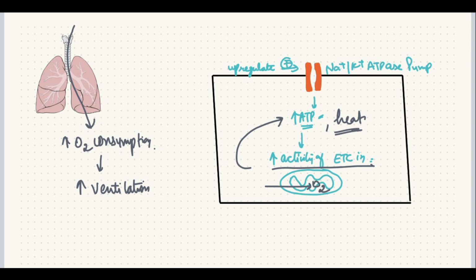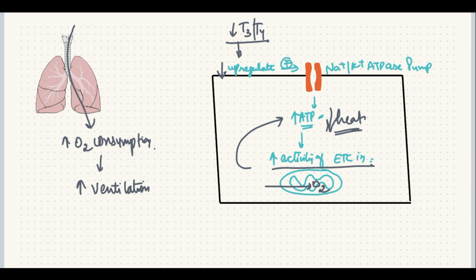That's why patients of hyperthyroidism are heat intolerant, and why people with hypothyroidism are cold intolerant. Because in hypothyroidism there is decreased T3 and T4 hormone. So decreased thyroid hormone decreases the upregulation of the sodium-potassium ATPase pump, decreases ATP demand, and ultimately decreases heat production.